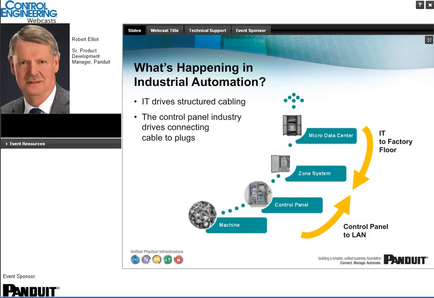So we can see that structured cabling that's often driven by the IT groups is being driven down from the micro data center to the zone system and also to the control panel. However, in the control panel industry, we're also seeing the predominant move of folk to field install cabling, taking stranded cabling and installing plugs onto those, and then achieving network connectivity.